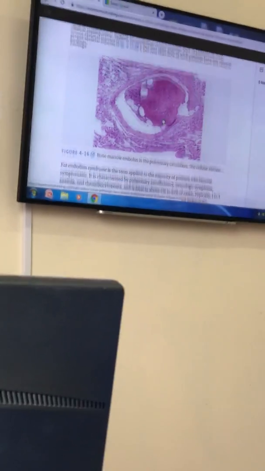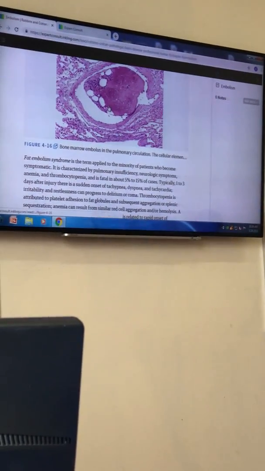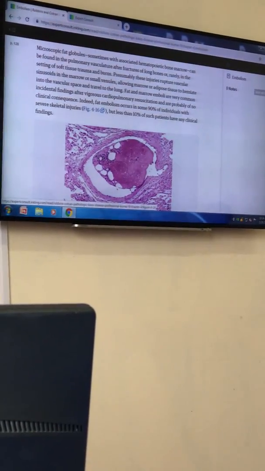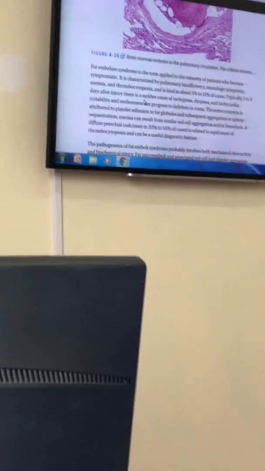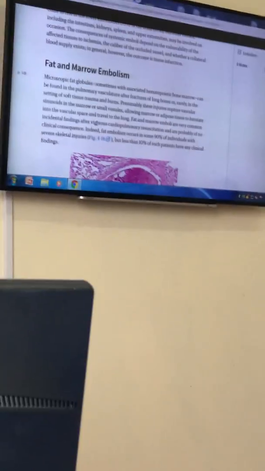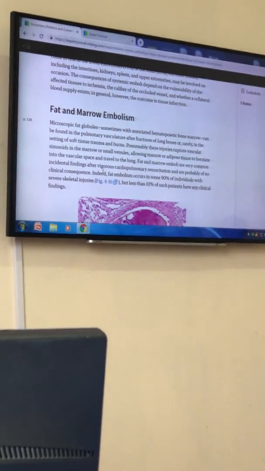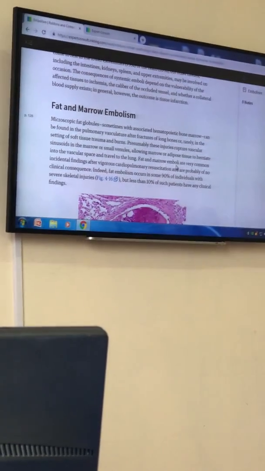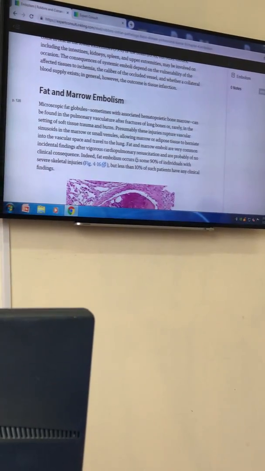bone marrow embolus. If only fat is seen, we call it fat embolism, but usually it's together with blood forming elements, bone marrow, and we can see both fat cells and some blood cells. Also something to know is that after cardiopulmonary resuscitation, you know cardiopulmonary resuscitation?